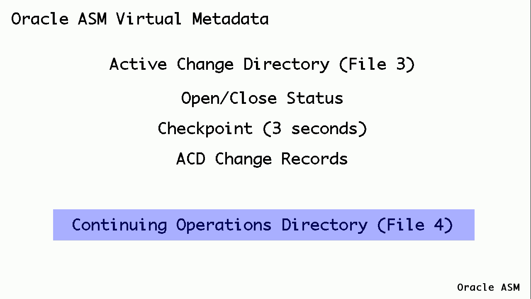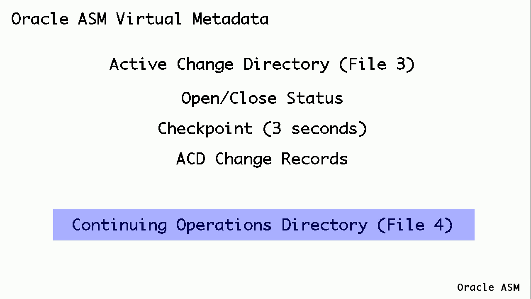In a single instance environment, if the ASM instance crashes, ASM can restart the disk group rebalance operation based on the Continuing Operations Directory entry after the ASM instance is recovered and disk groups are mounted.